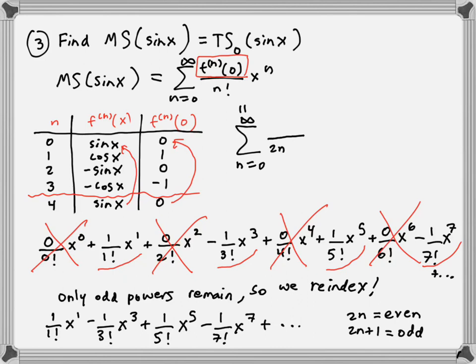We have a 2n plus 1 factorial on the bottom and an x to the 2n plus 1. This is guaranteeing that we only get the odd powers of x and also the same odd factorials, right? I hope you're not confused at why the denominator needed a 2n plus 1 also. That's because this number matches that. This number matches that, right? The factorial has to match the power. There are only odd factorials, right?